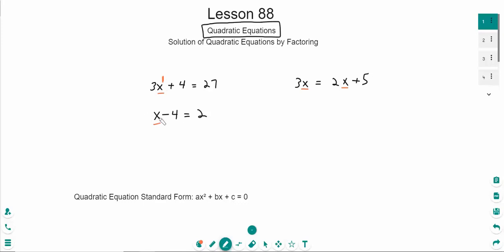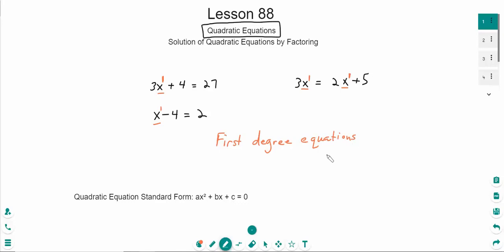The second equation, again, there's only one x with the degree of 1. The third equation, we have two x's, but both of them have the degree of 1. So the highest power for that x is 1. So all of these would be considered first degree equations.